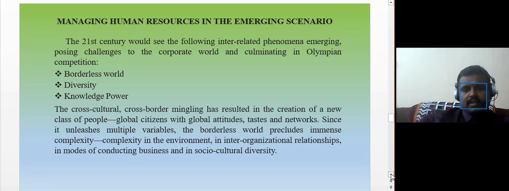The next topic is managing human resources in the emerging scenario. In the 21st century, we see the following interrelated phenomena emerging, posing challenges to the corporate world and culminating in Olympian competition. See, there is a borderless world.